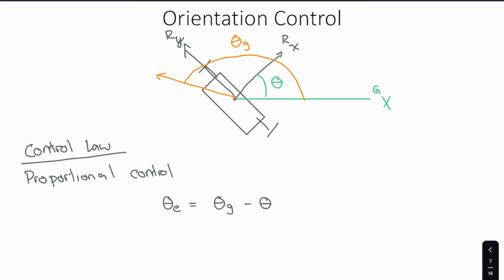The more important equation for our control law is how do we actually get there? And that amounts to saying, what do we need to set theta dot to?